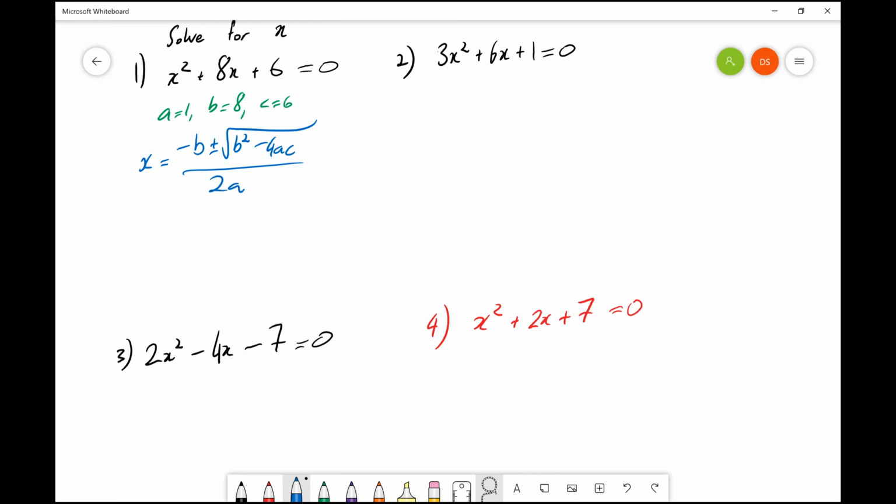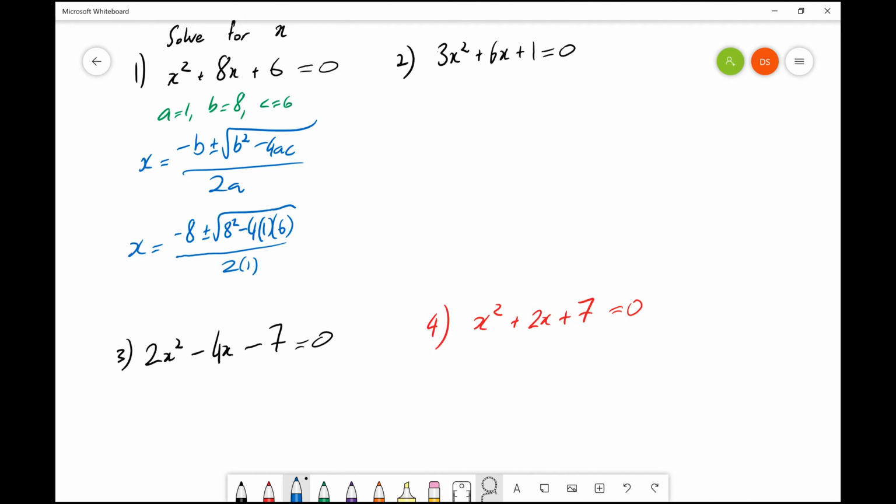Then I'm going to plug in and see what happens. x equals negative 8 plus or minus the square root of 8 squared minus 4 times 1 times 6, all over 2 times 1, which is just 2.